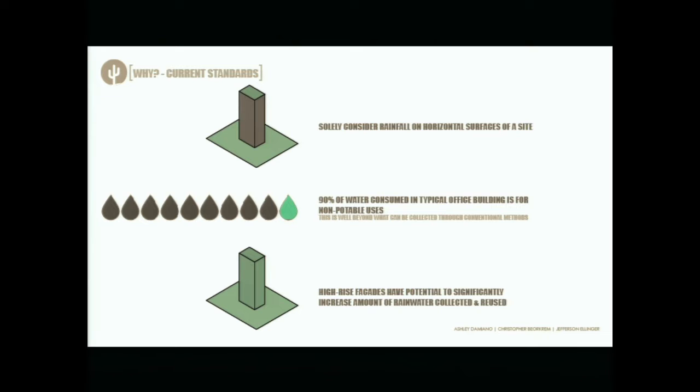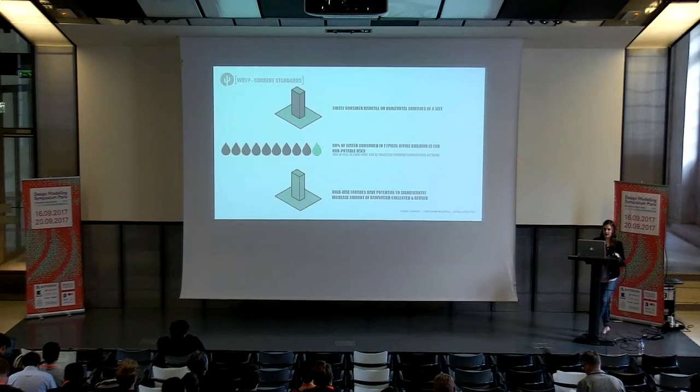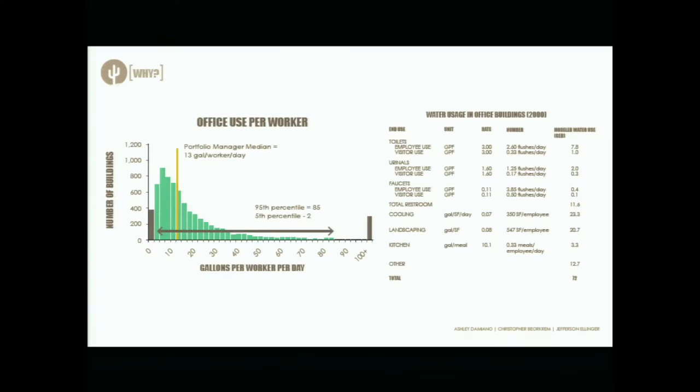So if we were to add the vertical surfaces of a high-rise into that calculation, that has the potential to very significantly increase the amount of rainwater that could be collected and reused, starting to mitigate some of those social and environmental issues that I just mentioned.